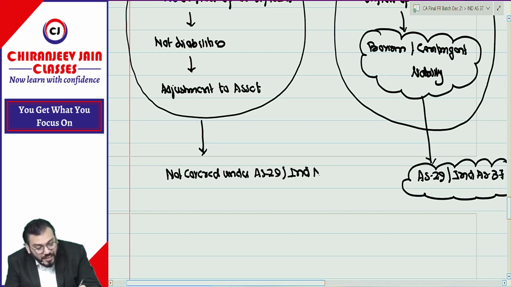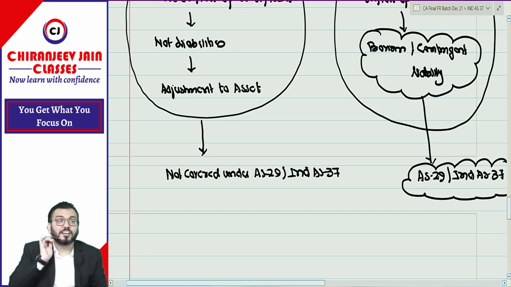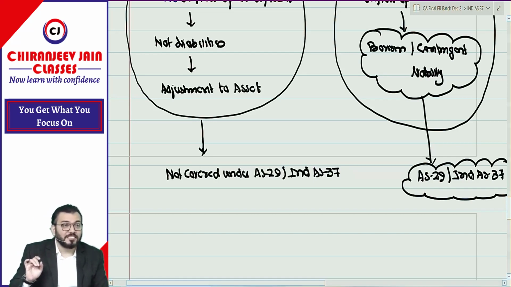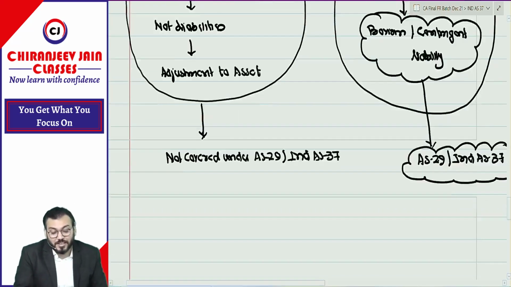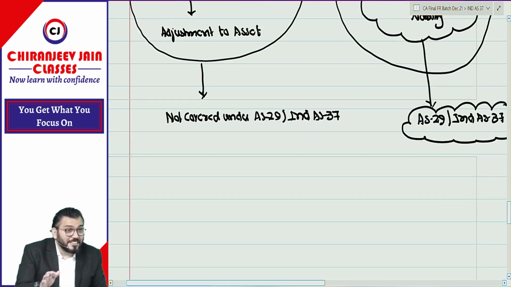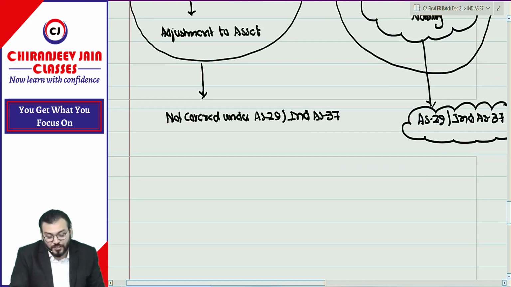Now one doubt will arise: which Ind AS or which accounting standard is applicable. The decline in the value of asset is covered under which accounting standard? Now let us understand depending upon the classification of asset. So we know various assets. First is inventory.